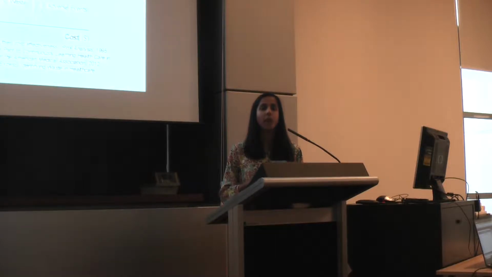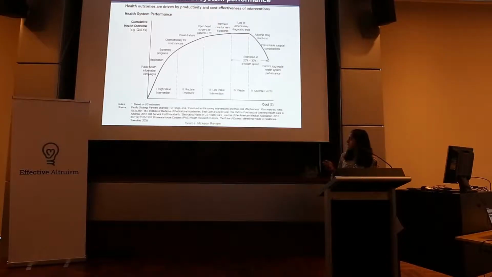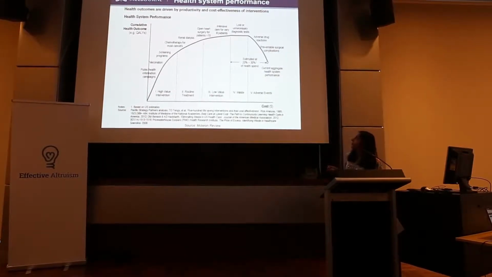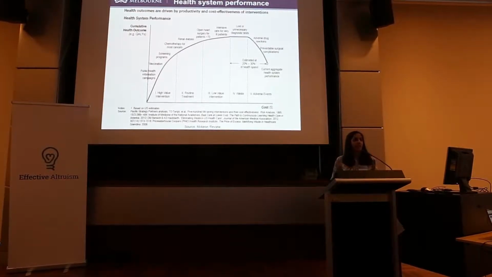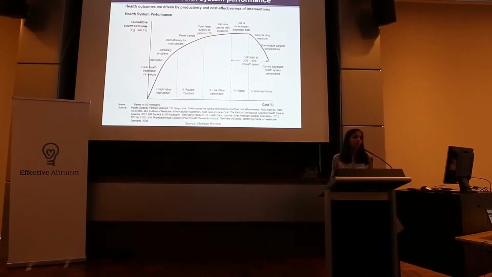This is quite similar to what you just saw, but it's slightly different. So here now we're organizing health interventions according to the value of the interventions. So we've organized these starting with high value interventions, moderate value, all the way down to low value care. On the y-axis again is some measure of health.